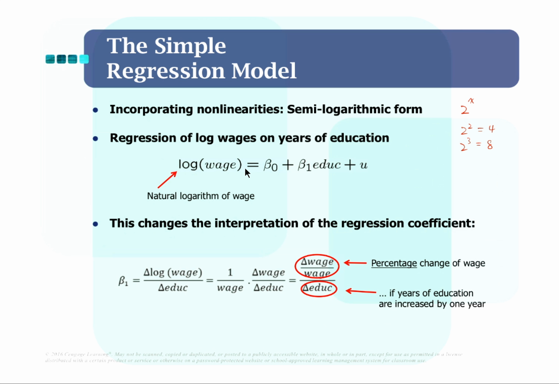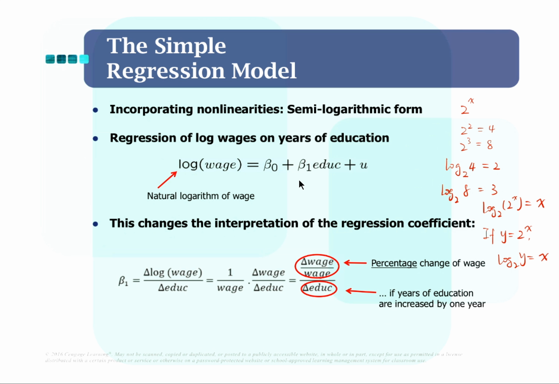If we use 2 as the base, log of 4 equals 2. Log base 2 of 8 equals 3, and in general log base 2 of 2 to the power x equals x itself. It basically means that if y equals 2 to the power x, then log base 2 of y equals x.